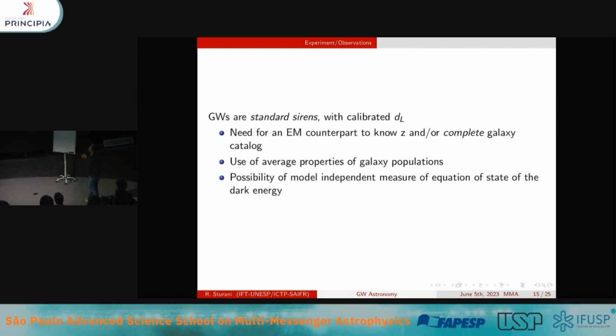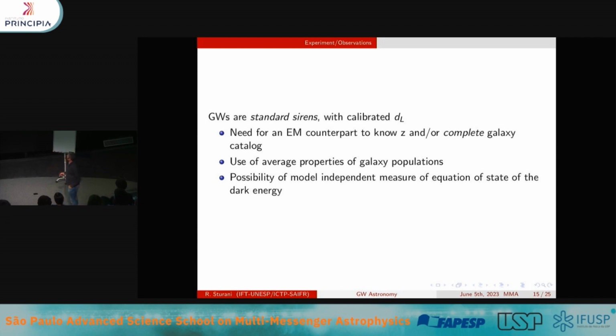an electromagnetic counterpart. Or you can say, well, after all, these black holes must be in galaxies. For galaxies, I kind of know their evolution. I kind of know the star formation rate. I can infer statistically, from the average properties of the galaxy population, how many binary black holes merge.